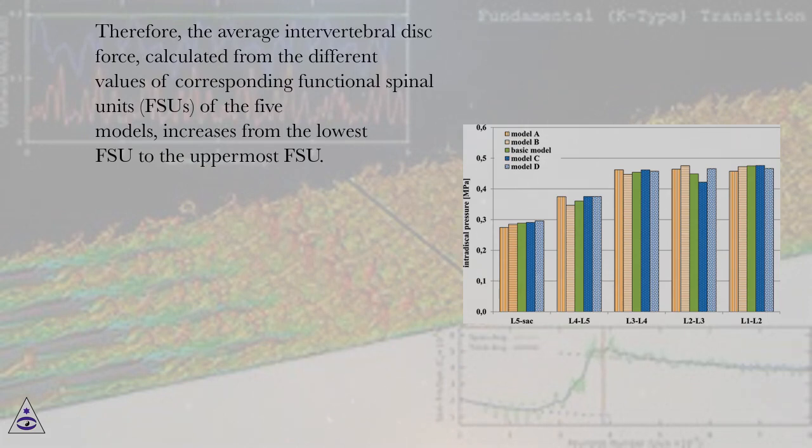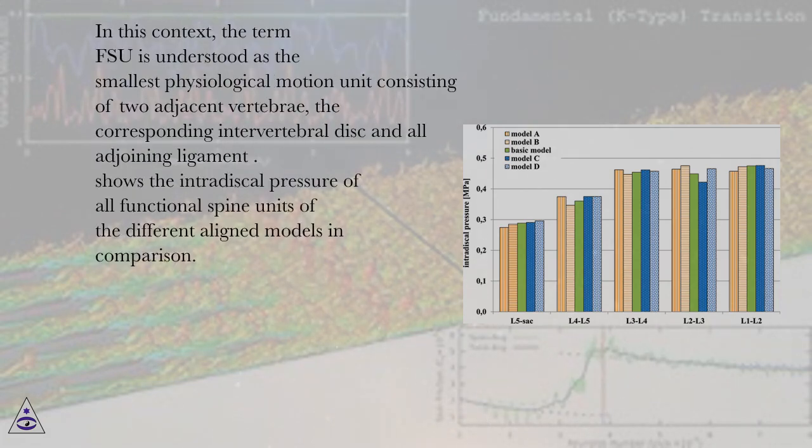Therefore, the average intervertebral disc force, calculated from the different values of corresponding functional spinal units, FSUs, of the 5 models, increases from the lowest FSU to the uppermost FSU. In this context, the term FSU is understood as the smallest physiological motion unit consisting of 2 adjacent vertebrae, the corresponding intervertebral disc and all adjoining ligaments.